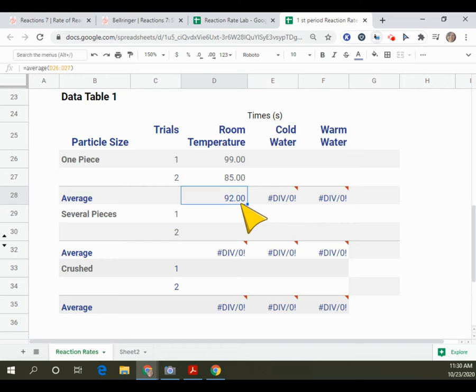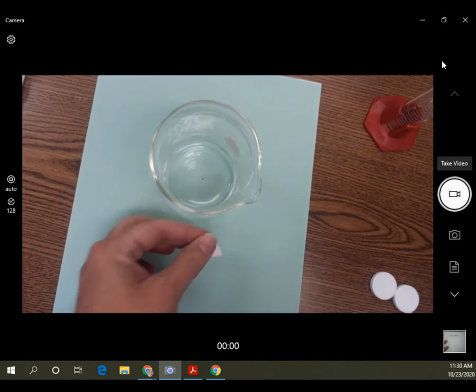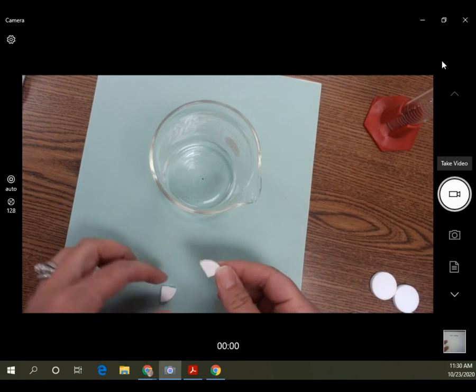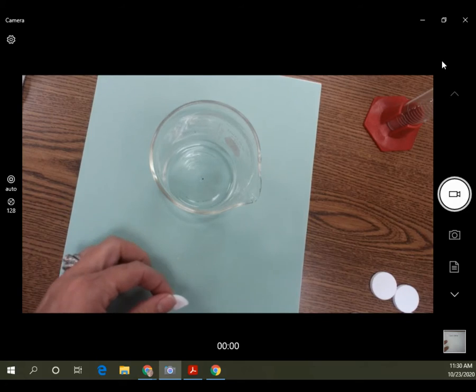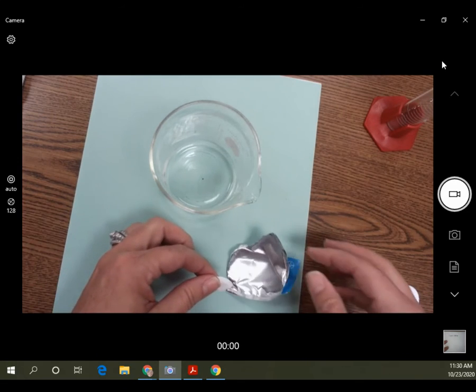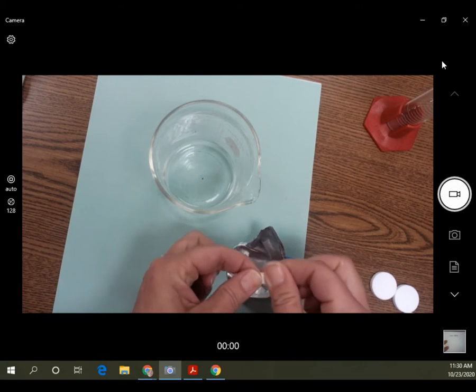And the next instruction tells us that we are supposed to get the 15 milliliters of water. All right. And then we're supposed to break this piece into several other pieces. So let's go ahead and we'll use the package to break it up into several pieces.